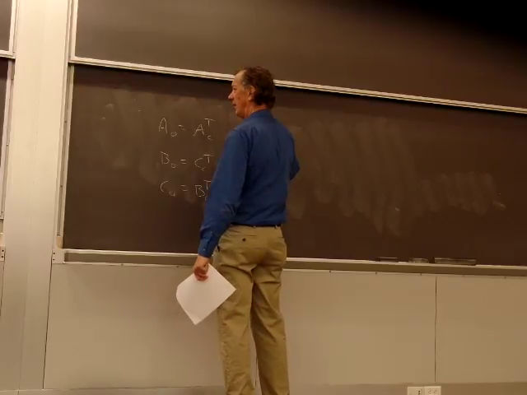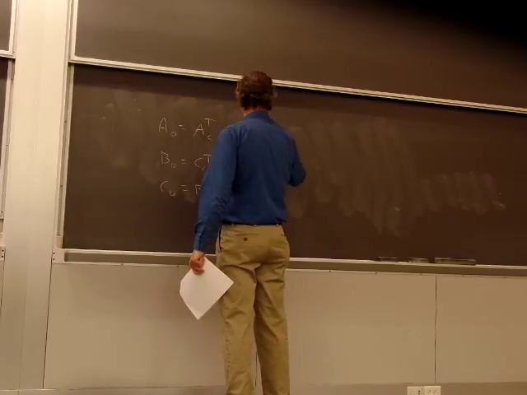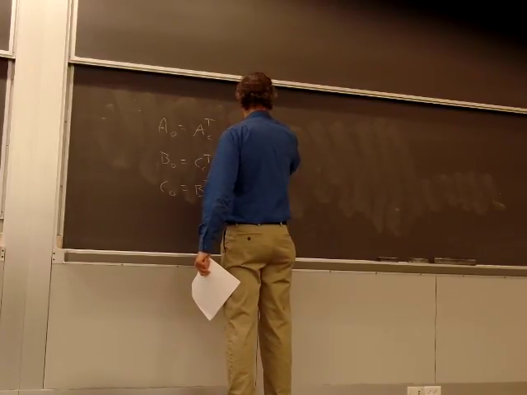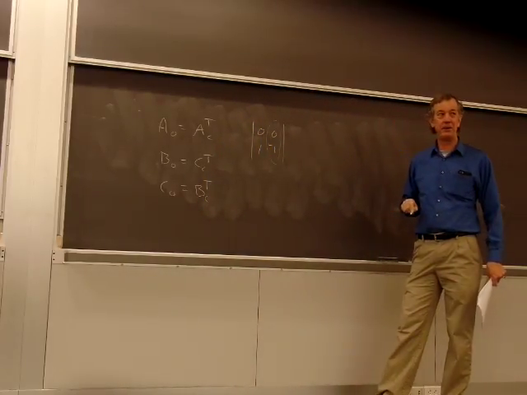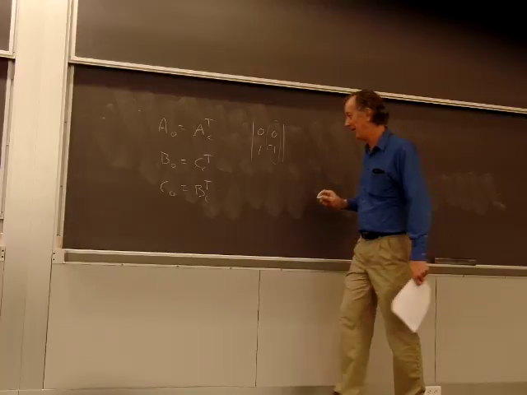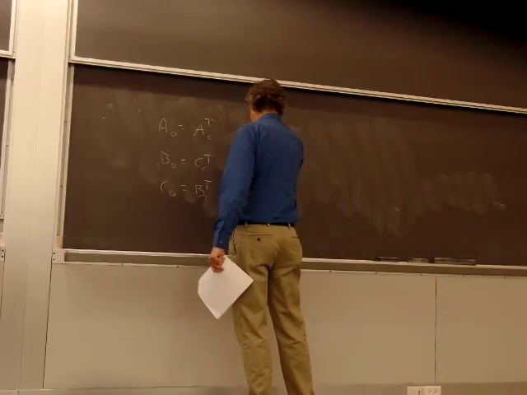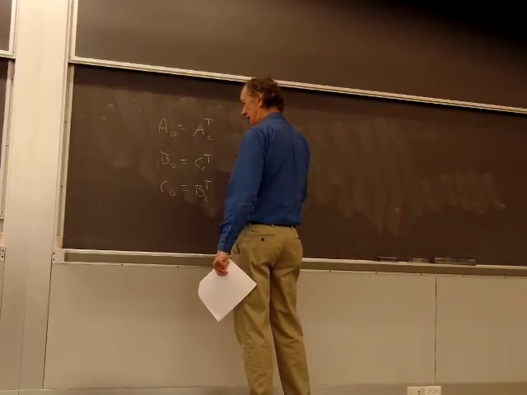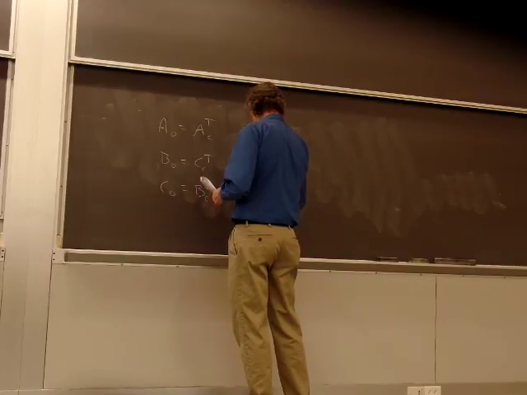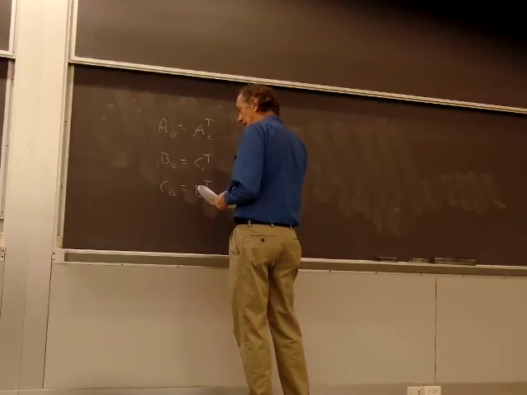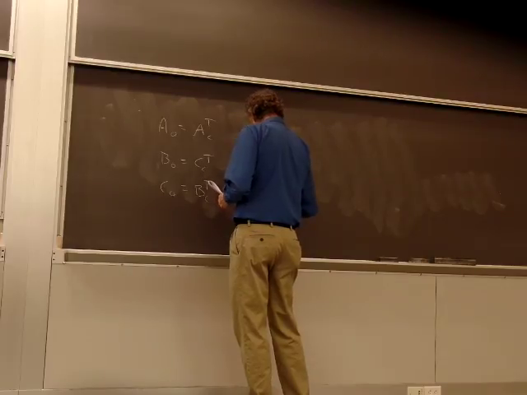So this was 0, 1, 0, 1. Now here's my characteristic coefficient gradient of 0, 1. P is 3, 2. And C was 0, 1.